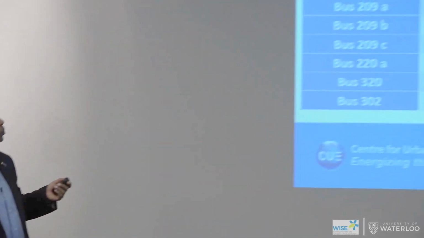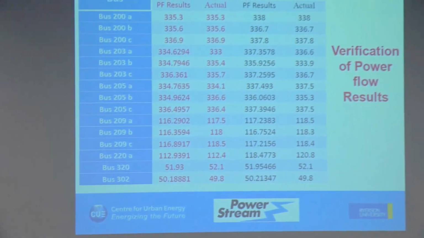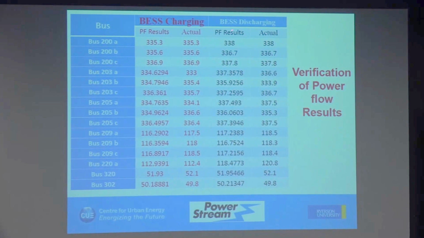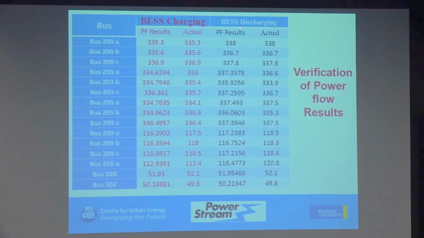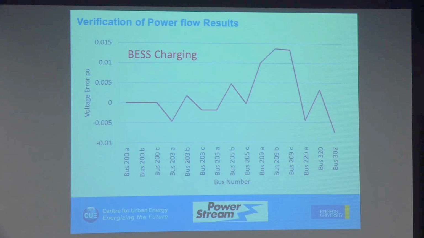So then what we did is the analysis tool has to be verified. That's the objective. So power flow results from our analysis tool, and this is the actual measurement. So this is when the battery storage is charging, so it acts like a load, and this is when the battery storage is discharging, when it acts like a generator. So in both cases, we measured the errors and discrepancies that we were seeing.